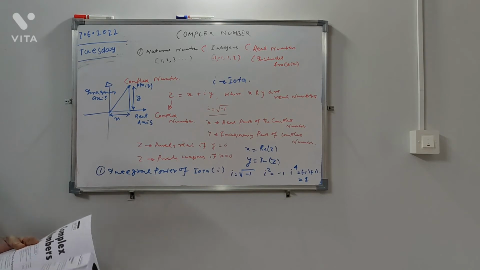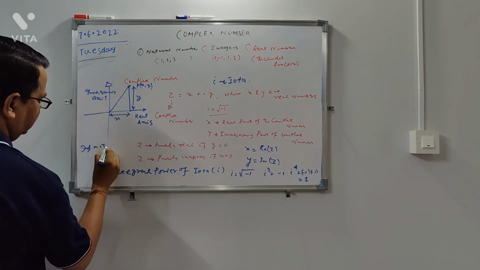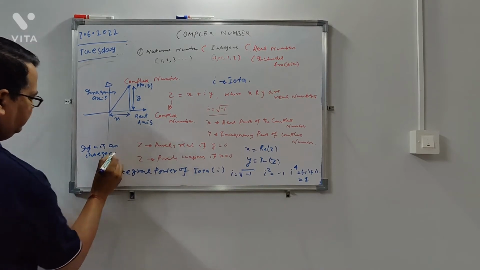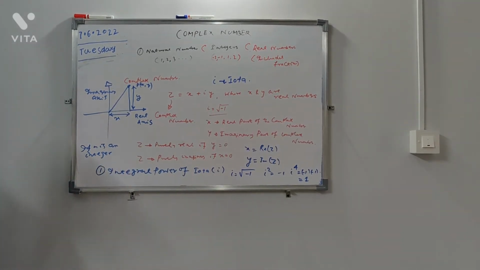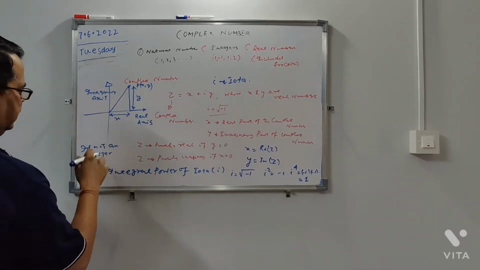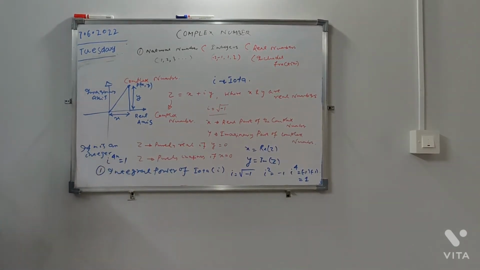So if n is an integer, i to the power 4n is always equal to 1, right?